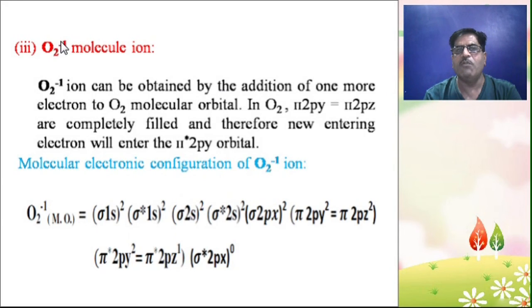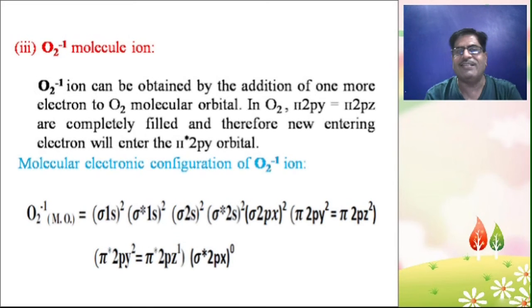Here one more electron is added in the O2 MO diagram. So the configuration is sigma 1s2, sigma star 1s2, sigma 2s2, sigma star 2s2 as in O2. With one more electron addition, pi star 2py2 and pi star 2pz1.